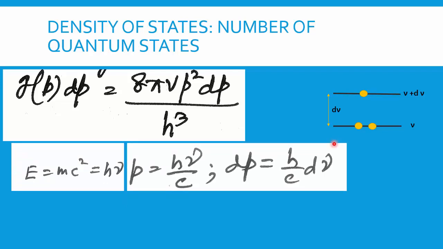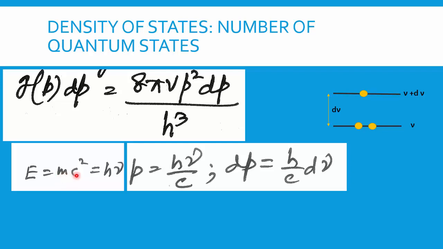I know that E is equal to mc square because I'm dealing with light frequency, so I'm dealing with quantum particles, so I can write E is equal to mc square as well as E is equal to h nu. This is Einstein's equation. Now please observe this very carefully. I have mc square, where c is the velocity of light.